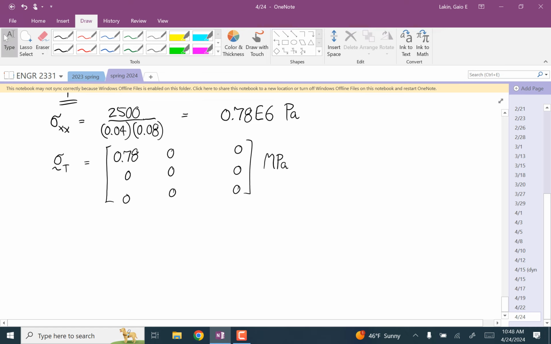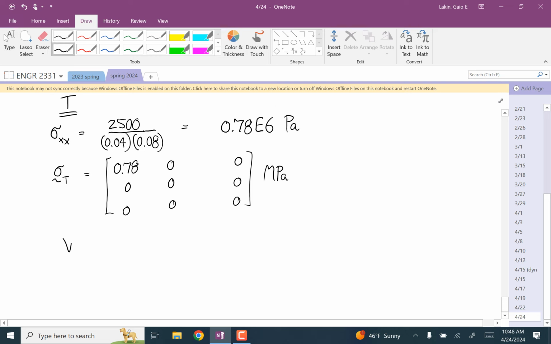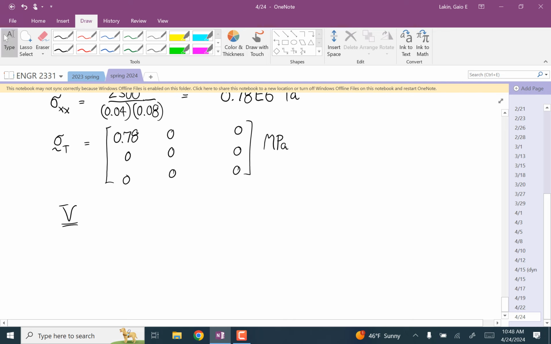And now we'll go to the shear force. Okay, so the XY shear stress is negative VQ over IB.